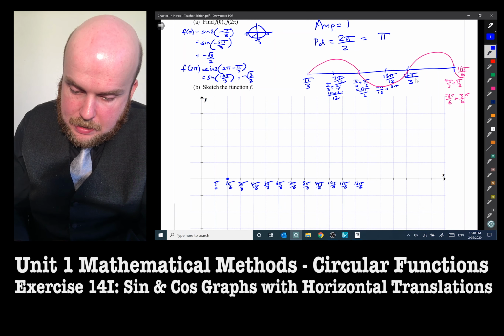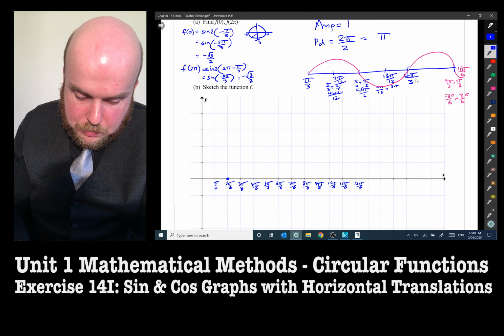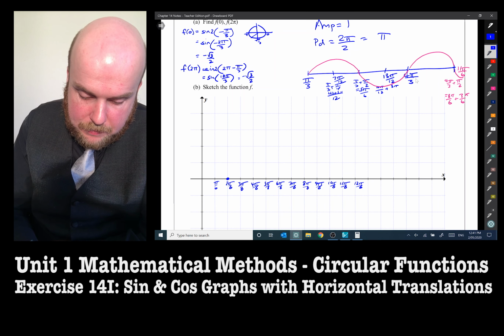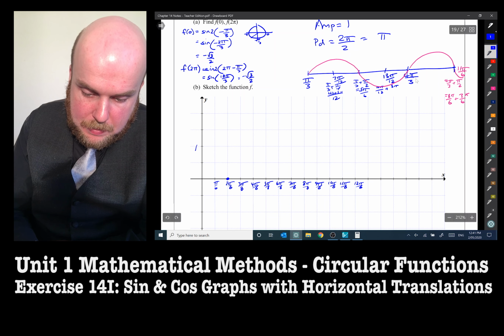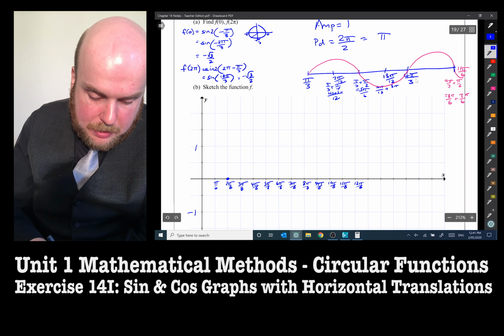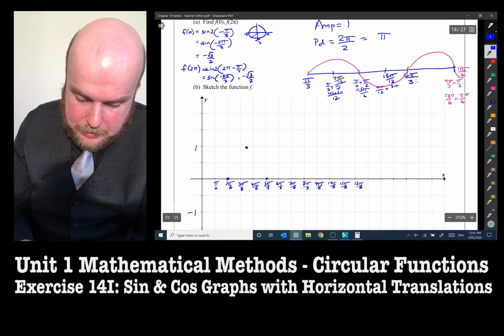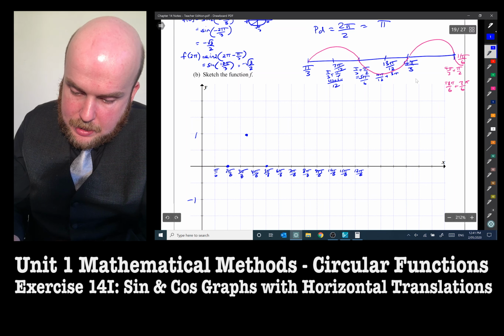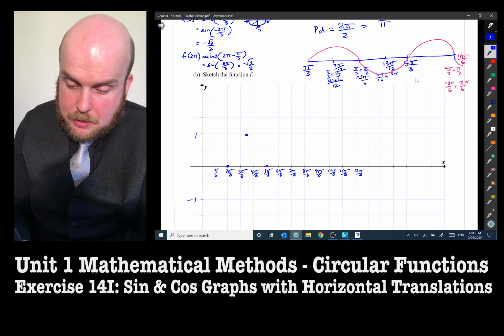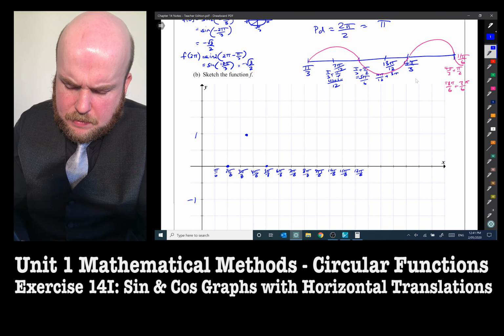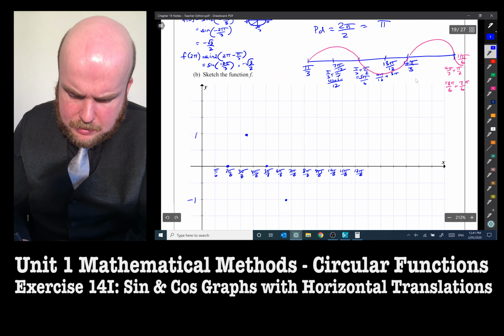And then 7π/12, that's going to be the same as 3.5 over 6, so that's going to be here, that's 1, negative 1, so it's going to be about there. And then 5π/6, and then 13π/12 is going to be 6.5 over 6, which is about there.